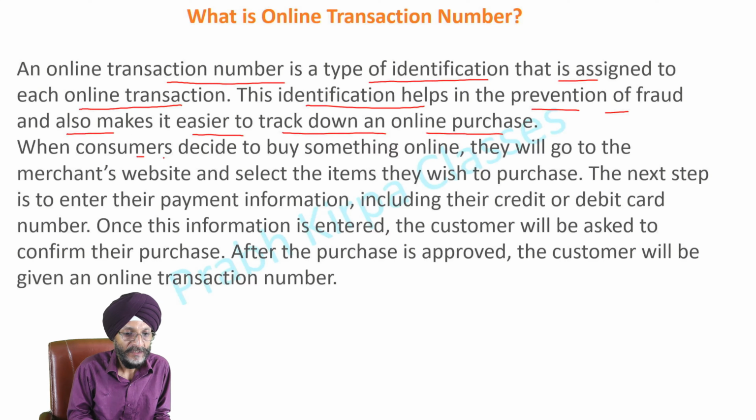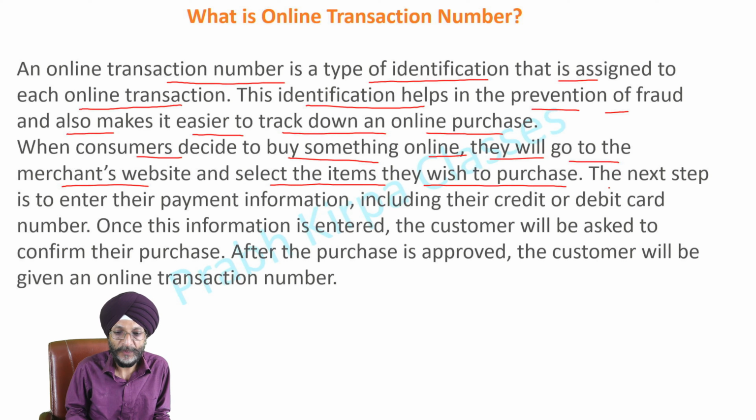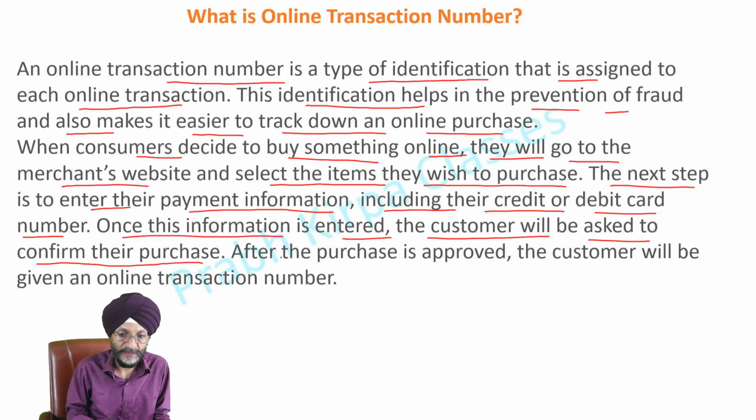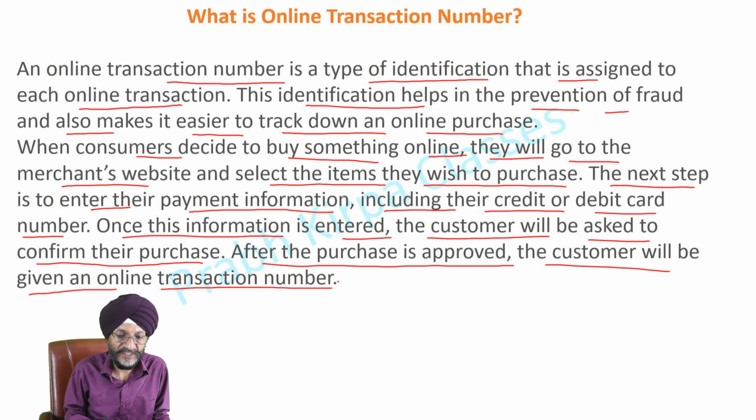When a consumer decides to buy something online, they will go to the merchant's website and select the items they wish to purchase. The next step is to enter their payment information, including their credit or debit card number. Once this information is entered, the customer will be asked to confirm their purchase. After the purchase is approved, the customer will be given an online transaction number.